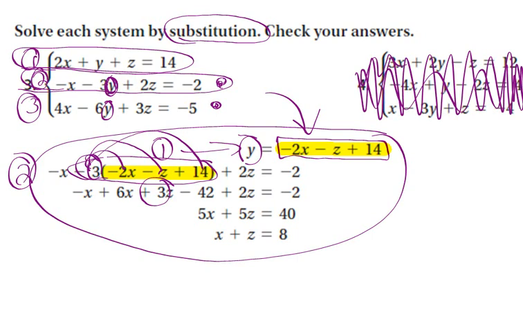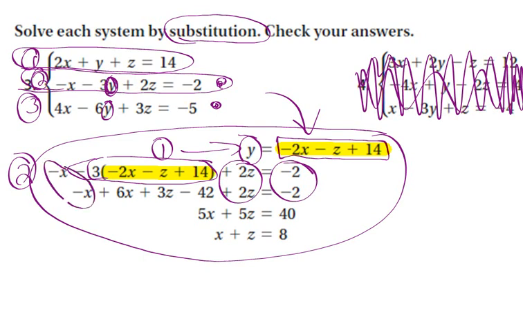And negative 3 times 14 is a negative 42. So now they've done that. And then everything else is a straight copy. Plus the 2z equals negative 2. And there's your negative x. So all they did was distribute that negative 3 across that trinomial.